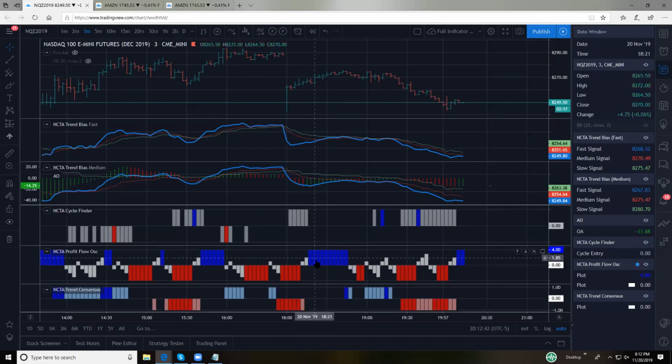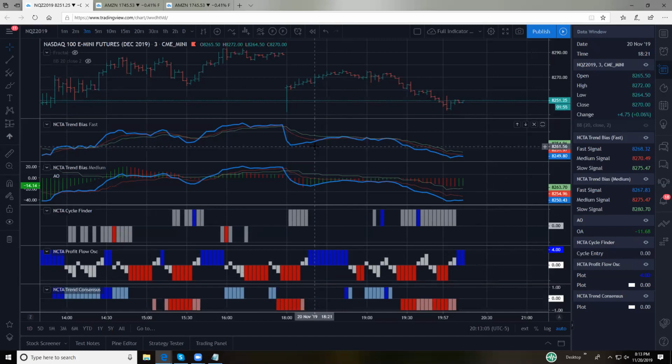AO is green, and you've got two blue bars back to back. And that happens to be a trade that you're in at 65.5. It went up to a high of 76.25 before it reversed. So the B and C methods of entry are not dependent on trend bias.